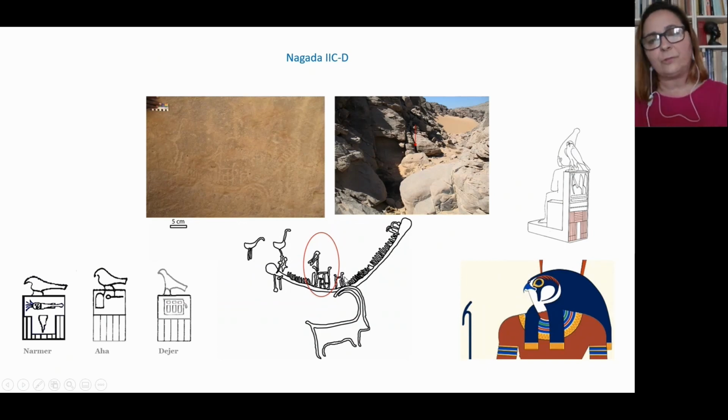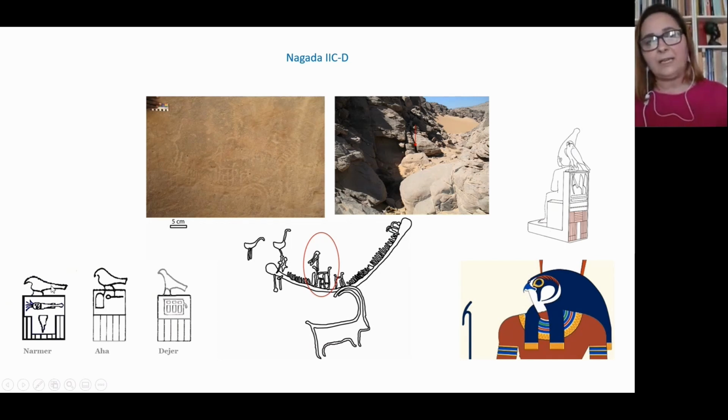One particular representation here at this site, dated to Nagada 2 CD, so more or less the middle of the 4th millennium, represents a boat with a cabin, and on top of the cabin there is a falcon. This bird is well known in Egyptology, because in ancient Egypt the falcon was the representation of the god Horus, but it was also associated with the king, particularly at the beginning of the dynastic period.